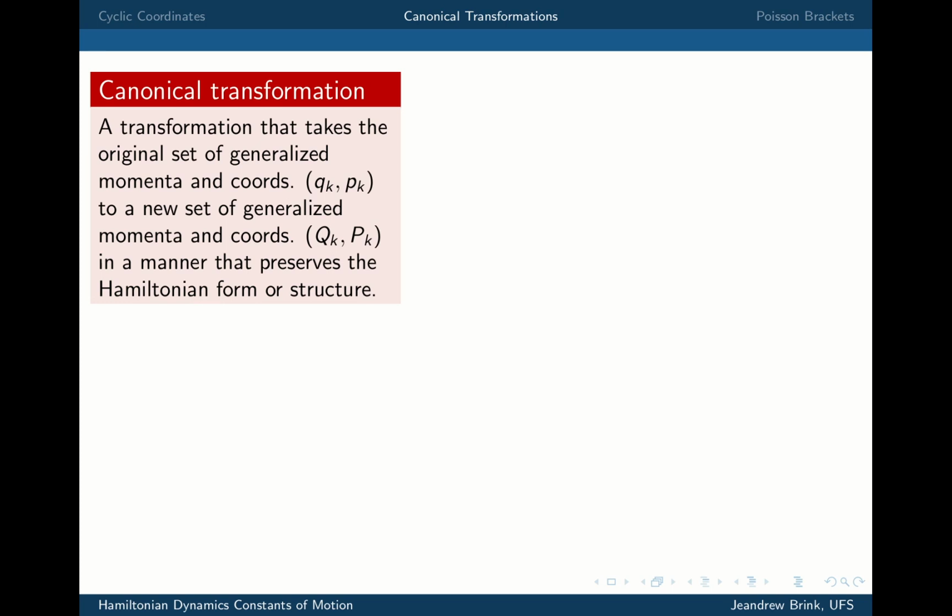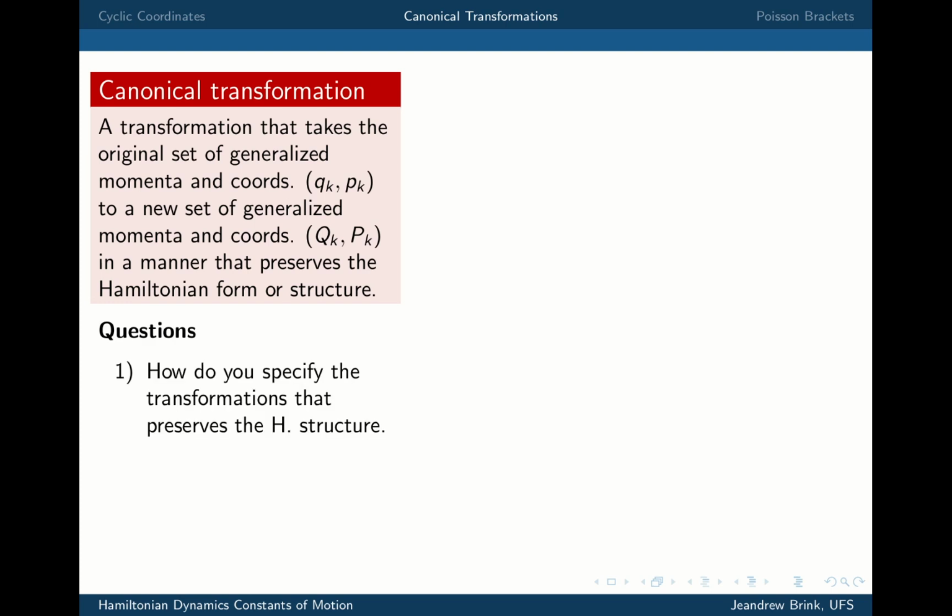So we still want this nice thing that in our new variables we're going to be able to derive the equations of motion by taking the derivative of some function, in the structure that we've done in the past. And the questions that then come up are basically, how do you specify the transformation that preserves the structure? In other words, what restrictions are there on the changes of variables that make this possible?